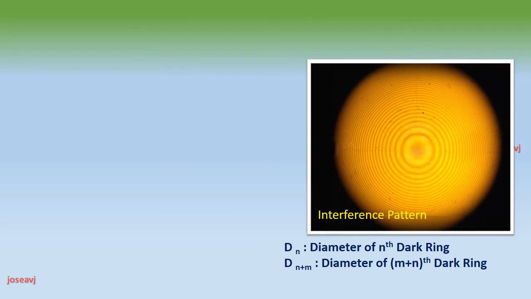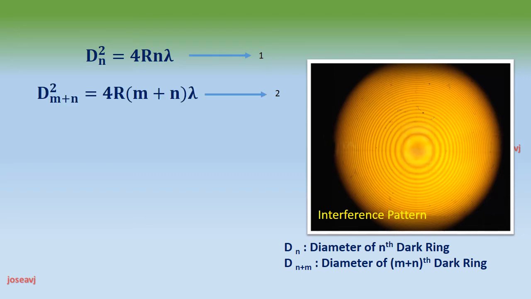Let Dn be the diameter of the nth dark ring and D(m+n) be the diameter of the (m+n)th dark ring. We can write Dn² = 4Rnλ and D(m+n)² = 4R(m+n)λ, where R is the radius of curvature of the plano-convex lens.